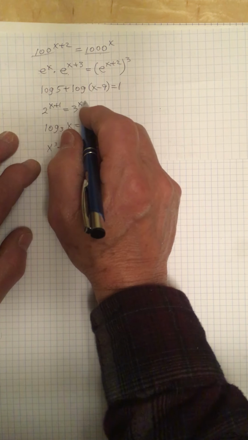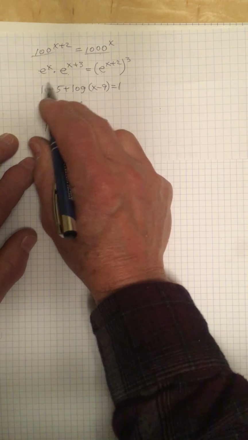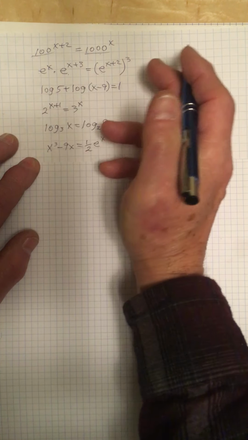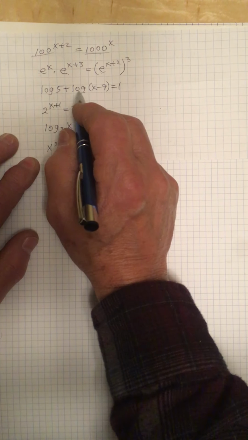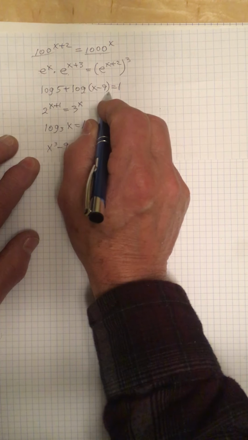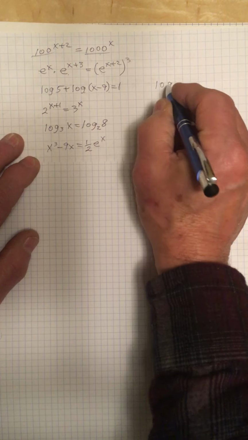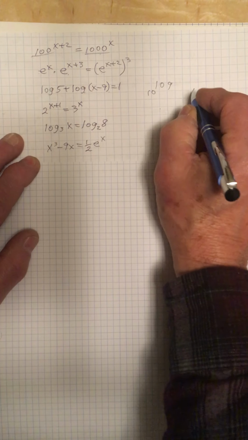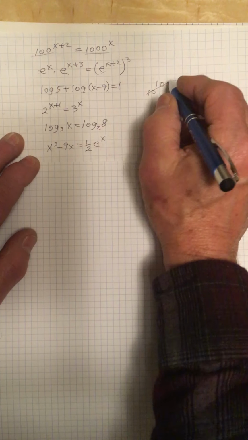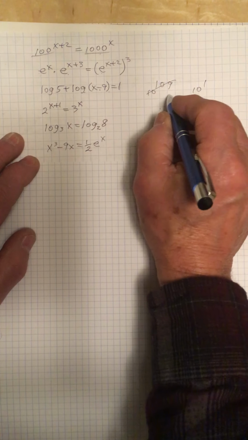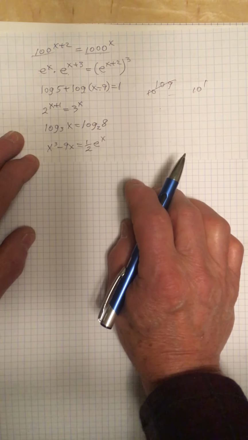Here I'm looking at logs. Well, I need to work this one of two ways. I can either combine these logs, so it would just be 5 times x minus 1. And then once I have log on each there, I could do the power of 10 on each side, and then that would bring this product down, and it would equal 10 to the 1, and I could solve that.